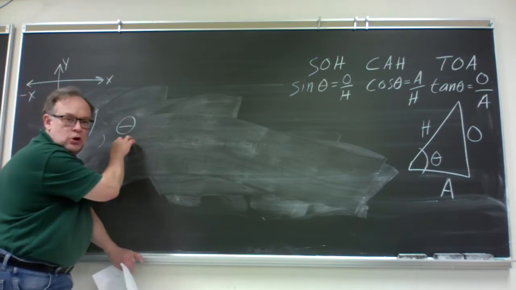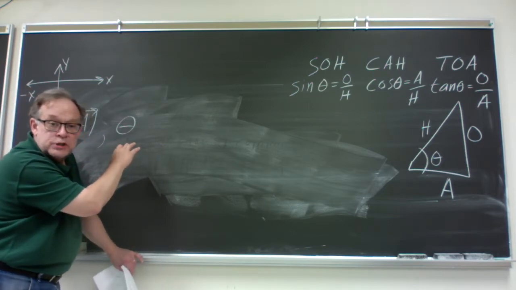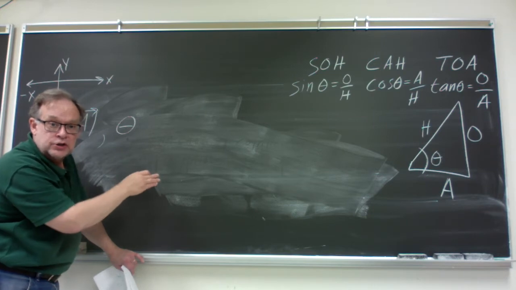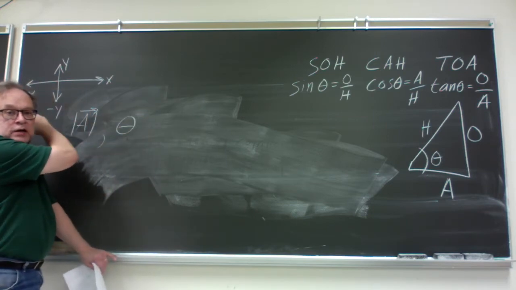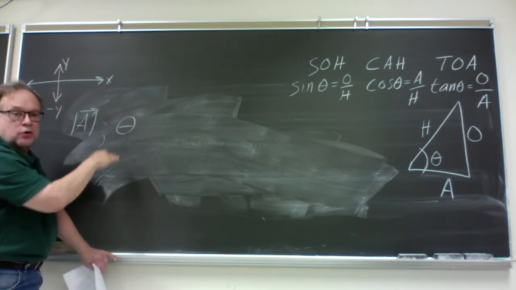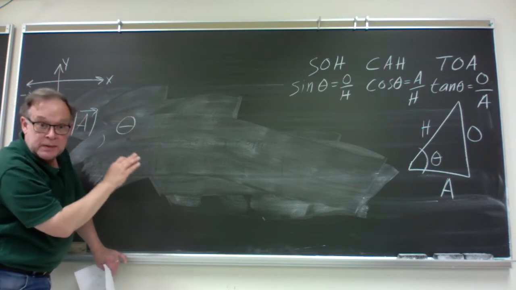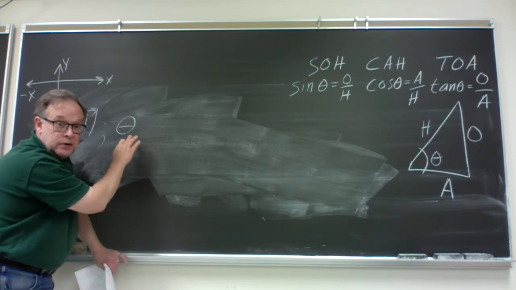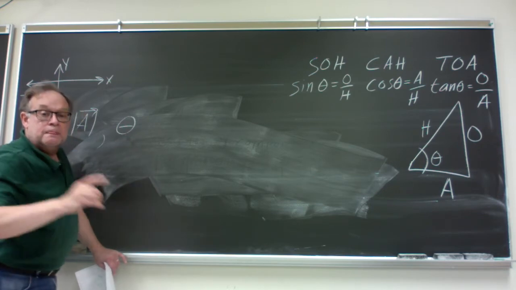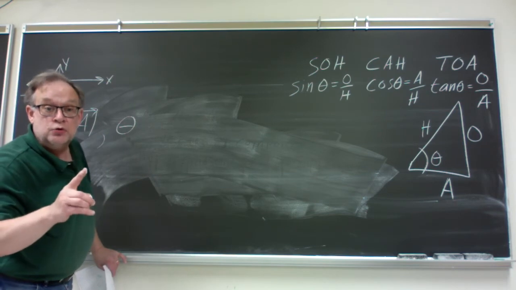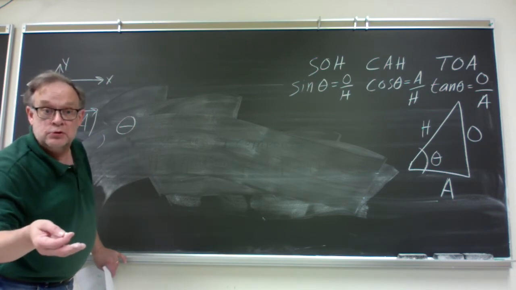This is also always an angle with respect to some coordinate direction, either positive x or negative x, or positive y or negative y, so that in order to completely specify the direction, we have to say that this is some number of degrees with respect to some coordinate direction.